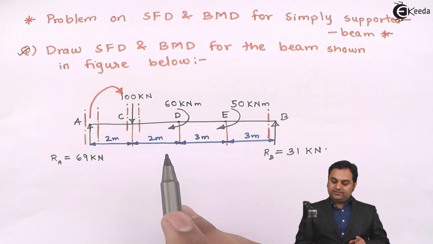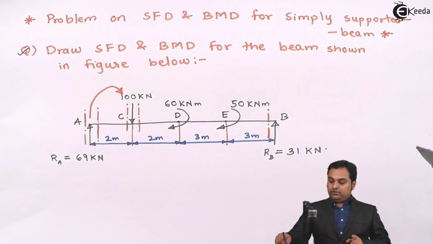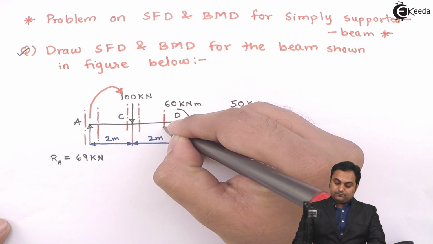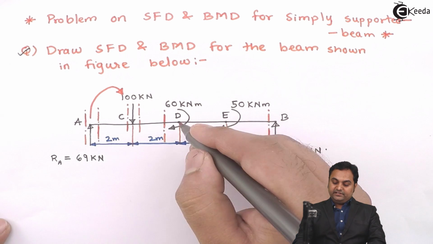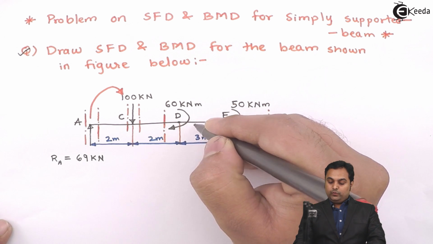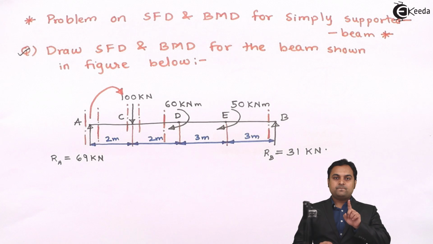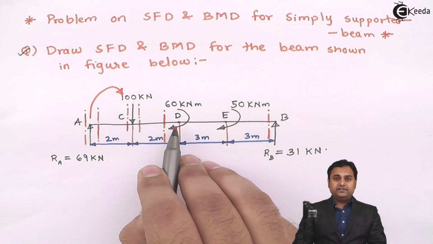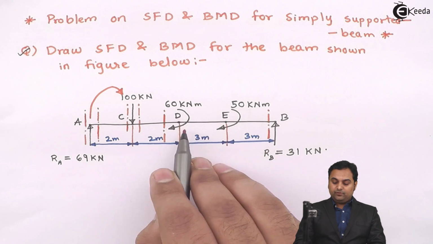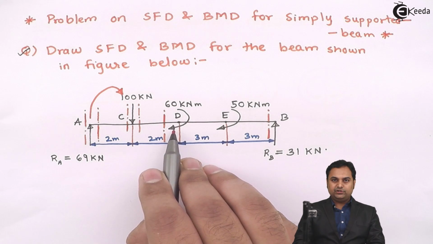First, by taking the section to the left of D, where this bending moment will not come, and the second value will be taking the section to the right of D, where this bending moment value will also come. So first I am calculating the moment at D by taking the section to the left so that this value of moment is not there.